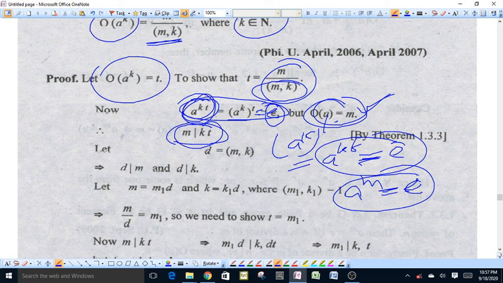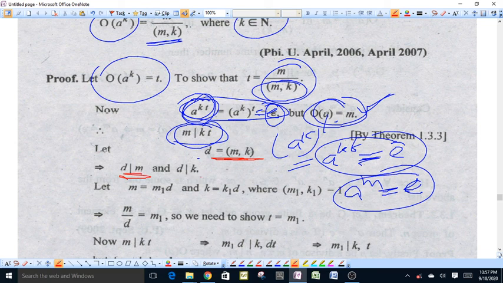Now, let d be the GCD of m and k. This means d divides m and d divides k.